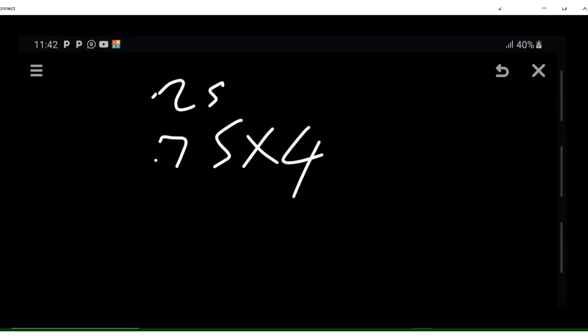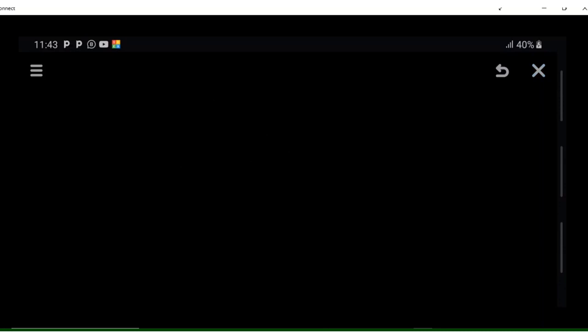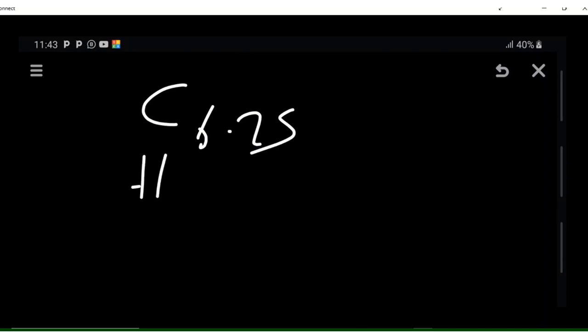What I mean here, even if it's a single point, I'm repeating. So I say my carbon is 6.25, then my hydrogen is 10, my oxygen is 5.